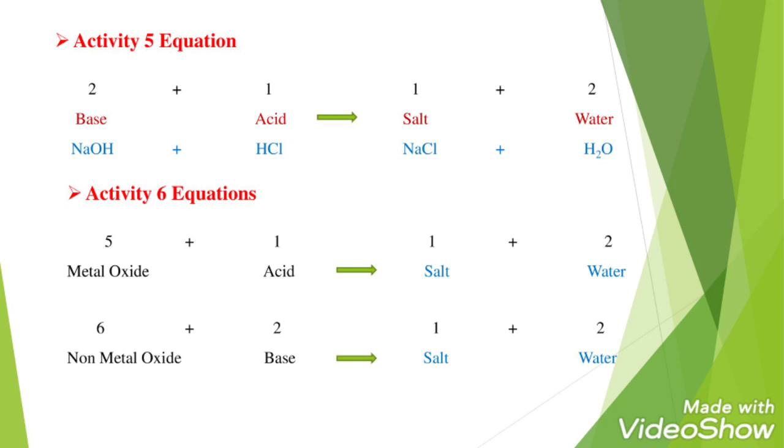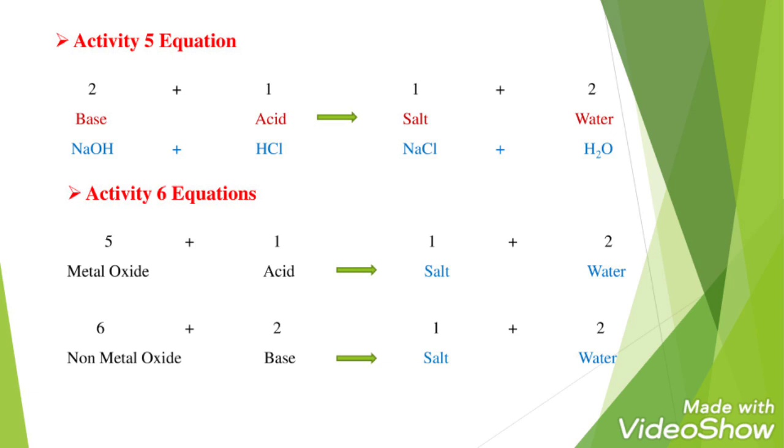Metal oxide reacting with acid gives rise to salt plus water. Metal oxide. Compare activity 5 with activity 6: the second reactant is acid in 5, and in activity 6 also the second reactant is acid.